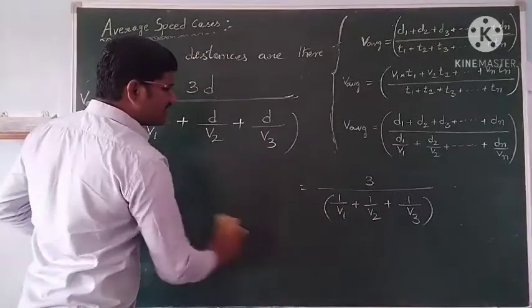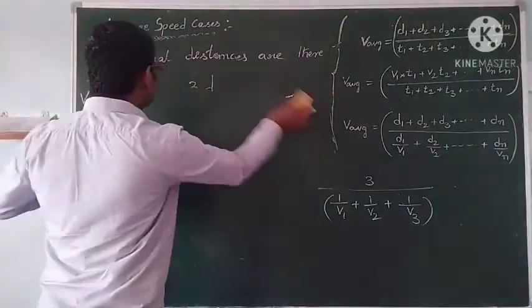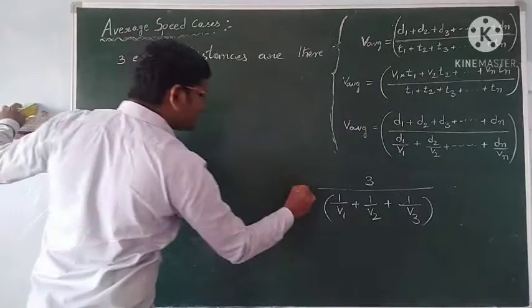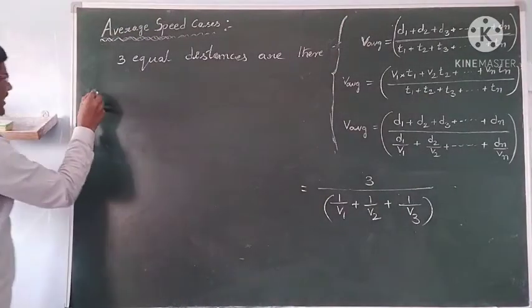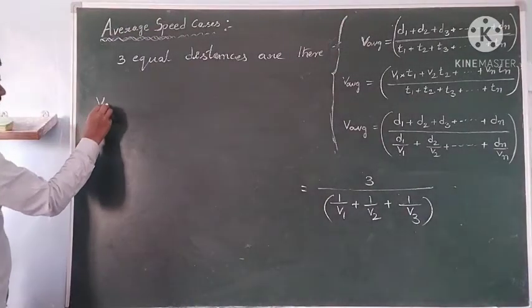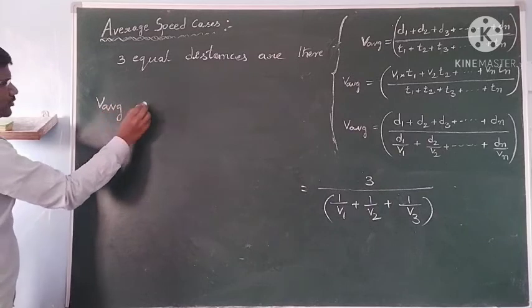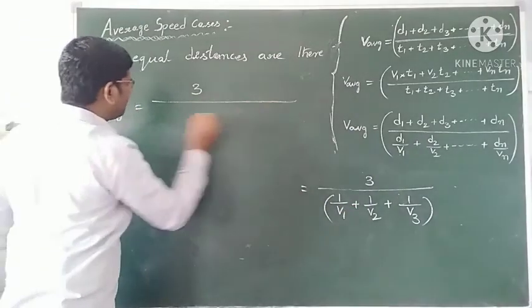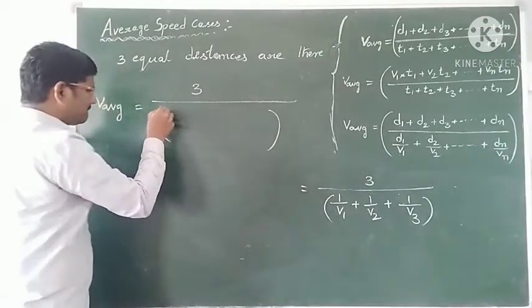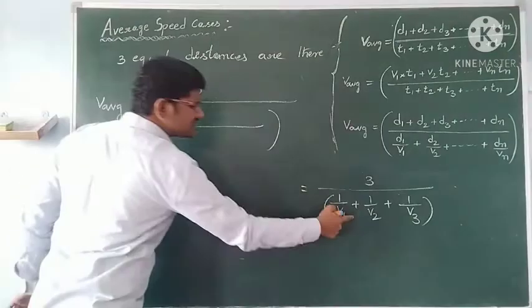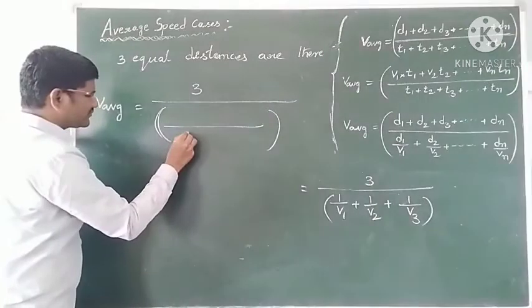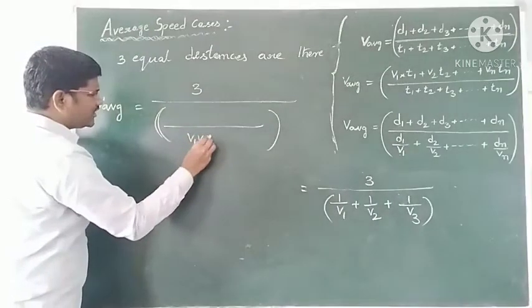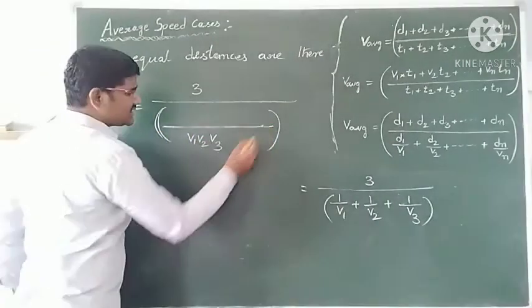Okay, that is the remaining portion. Then take LCM. Okay, then what will happen, you see students? V average is equal to, so in the numerator we have 3 by, take LCM V1, V2, V3. So V1, V2, V3 is the LCM.